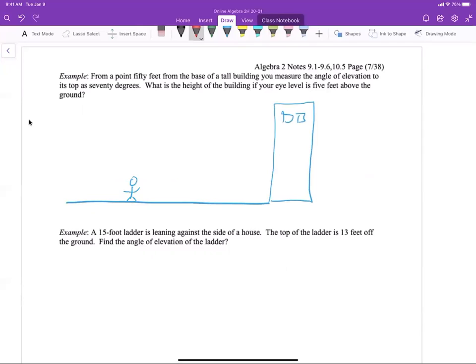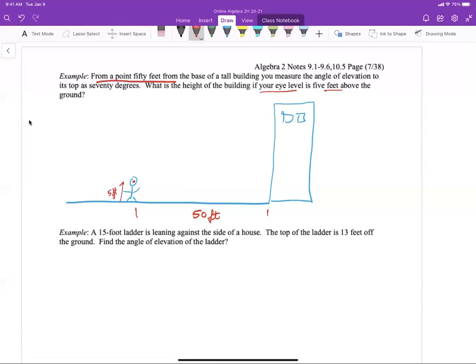We were told that from the point 50 feet from the base, so I now know this distance. This is 50 feet. They told us that our eye level is 5 feet above the ground. So up until his eye is 5 feet.